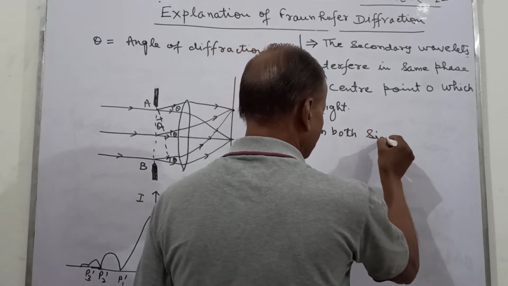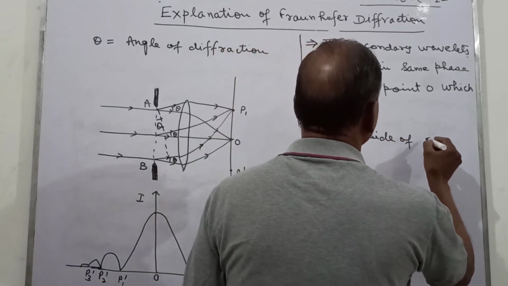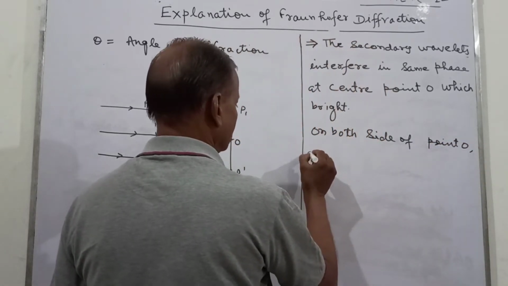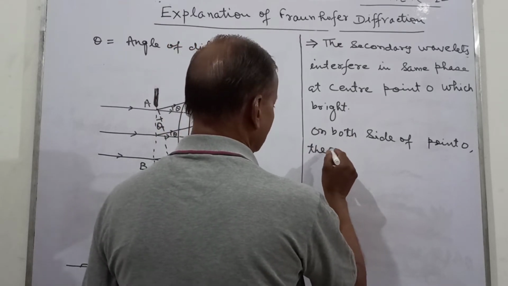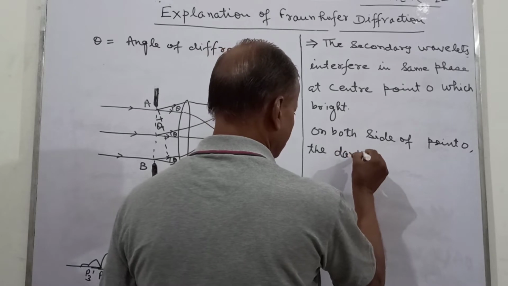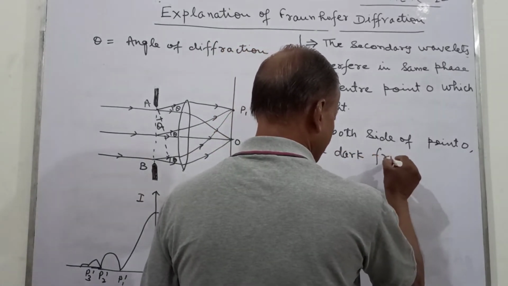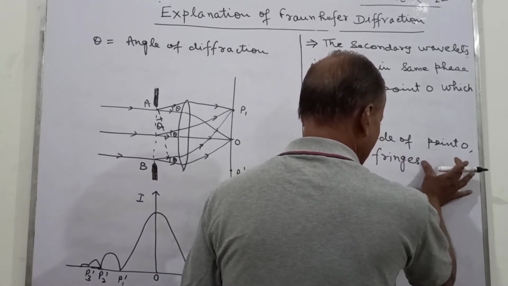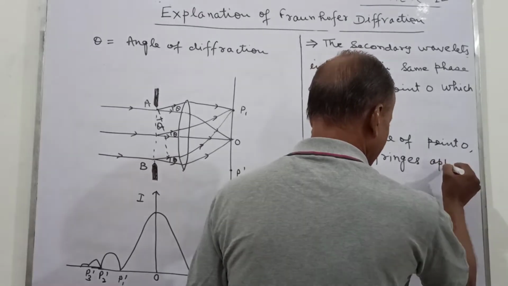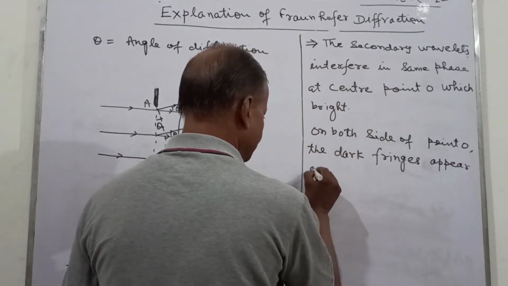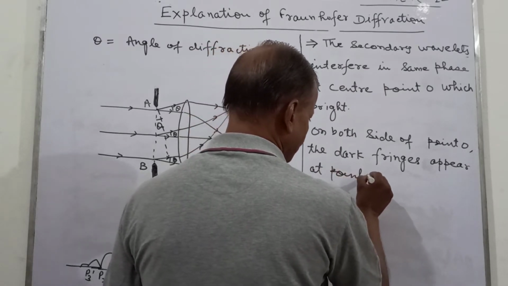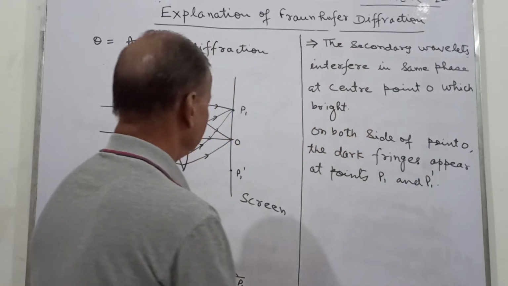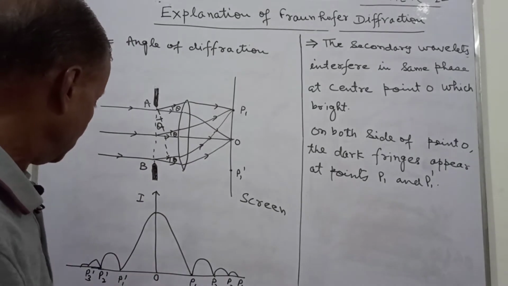On both sides of point O, the dark fringes appear at points P1 and P1 dash. This is the central fringe.